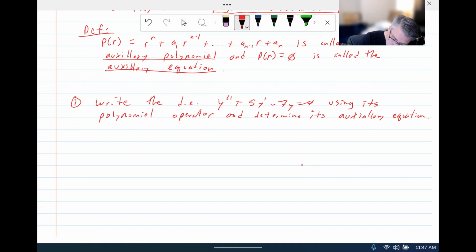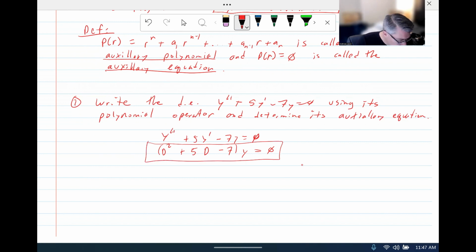Okay, so we have y double prime plus 5y prime minus 7y equals 0. So this y double prime, that's going to be D squared plus 5D minus 7, times y, is equal to 0. So that's going to be my homogeneous equation in terms of my polynomial operator.